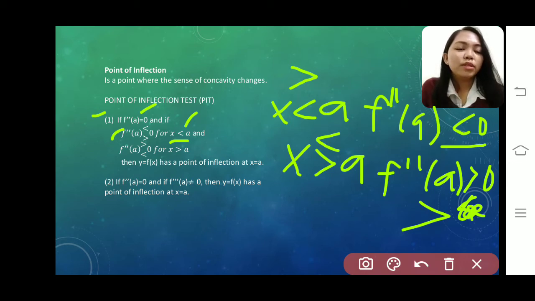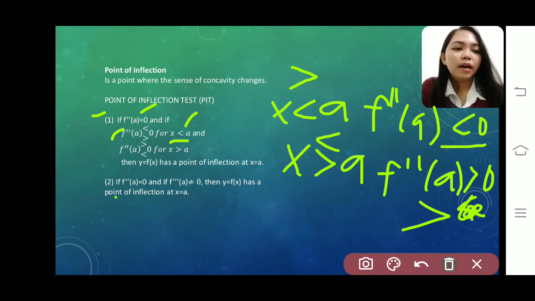So, kapag nag-consider ka ng less than a, halimbawa negative yung nakuha mo, dapat pag nag-consider ka naman ng x greater than a, positive naman yung makuha mo. Or, pwede rin naman na nag-consider ka ng x less than a, positive yung nakuha mo. Dapat, pag nag-greater than a ka naman, negative naman yung makuha mo. So, dapat, baliktaran lang. Ganun yun.